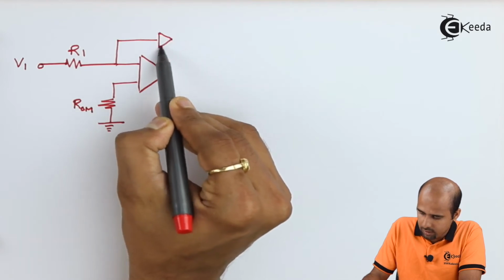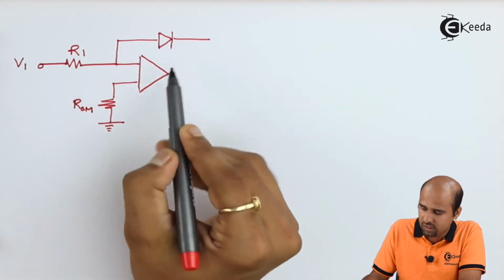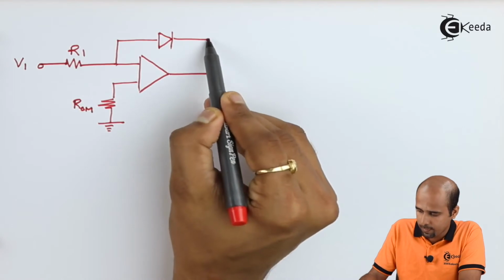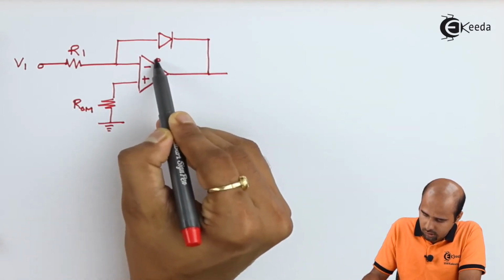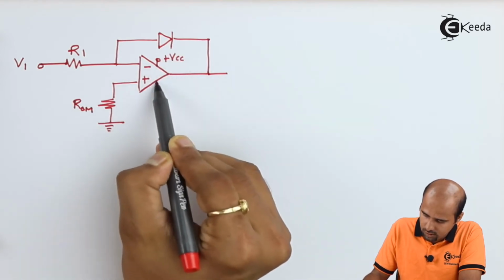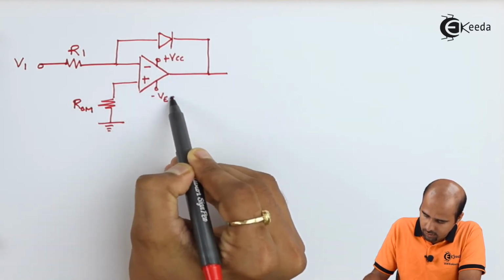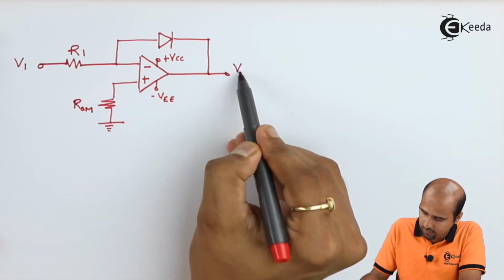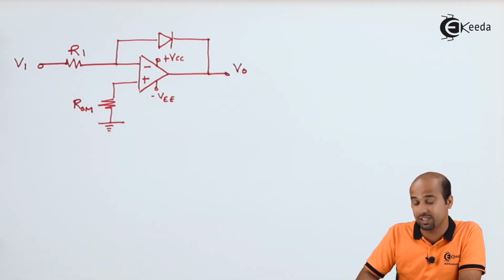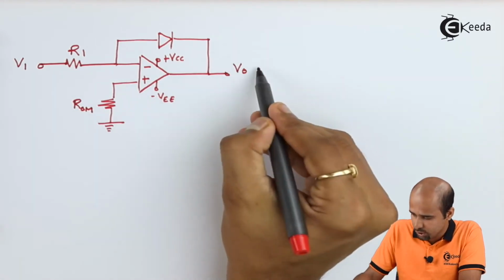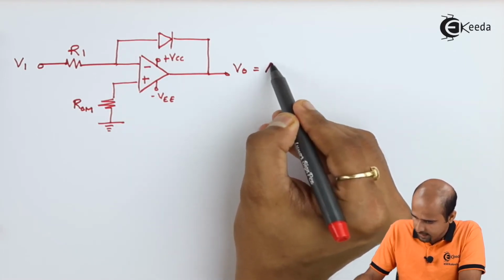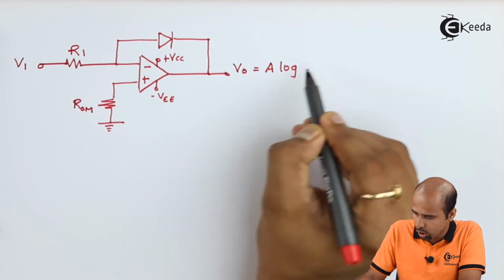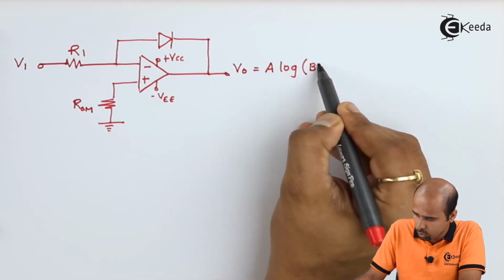Here I am applying a diode instead of resistance RF. This is plus VCC, this is minus VEE, and here I will be getting the output that should be in the form of log of input voltage. So I will roughly specify this as, let us say, A into log of B into V1.